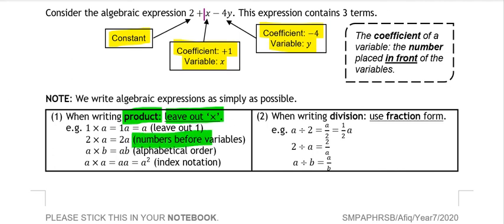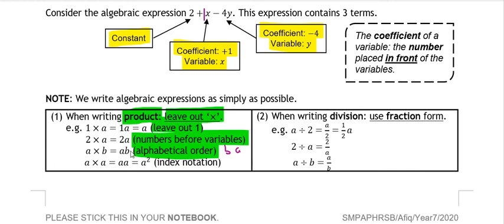Now, when you have a combination of 2 variables, when you multiply them together, a times b, it will become ab, in alphabetical order. For your information, you can also write this as ba. It's the same thing, because a and b are variables, and the variables represent numbers.